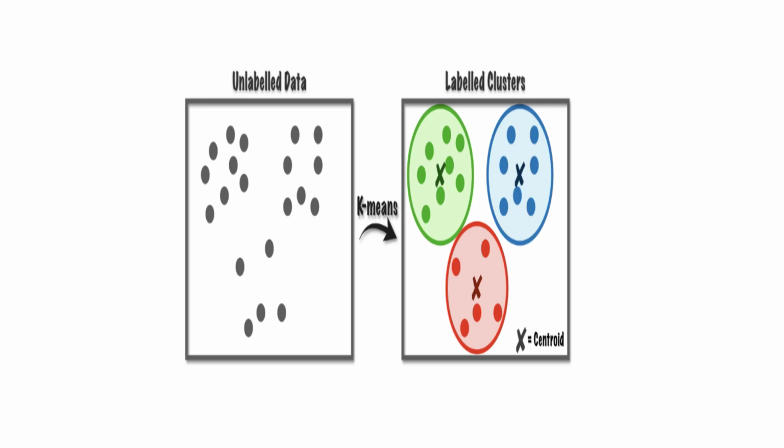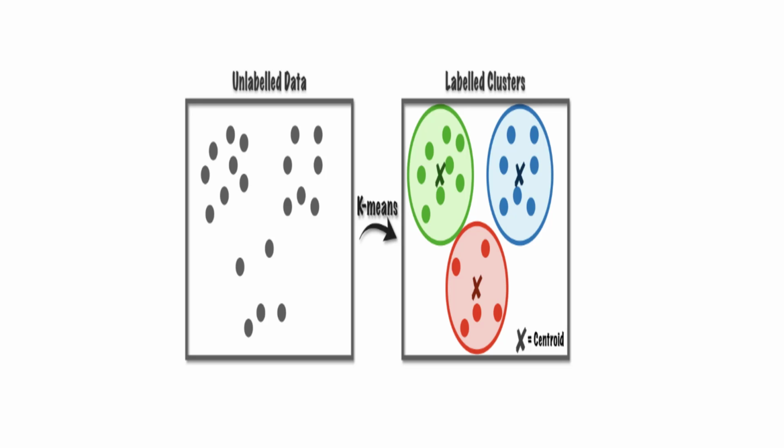On the left hand side, we have some unlabeled data. Then we assign 3 points that are marked as centroids on the right hand side for this data. Then for all the other data points, we assign them to the centroid that is nearest to it according to some distance, for example the Euclidean distance.